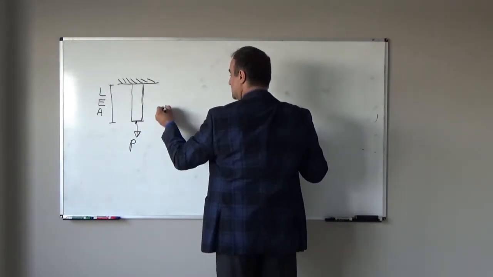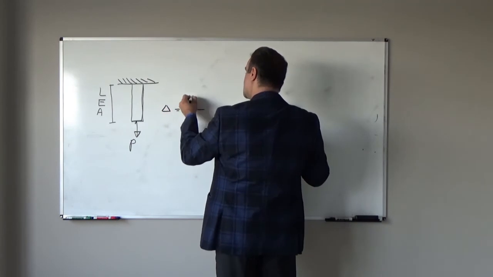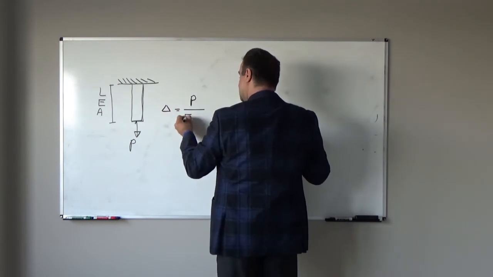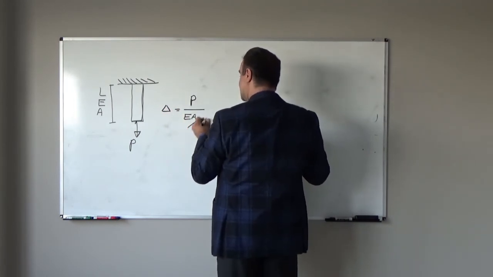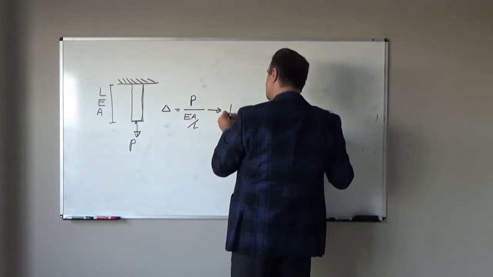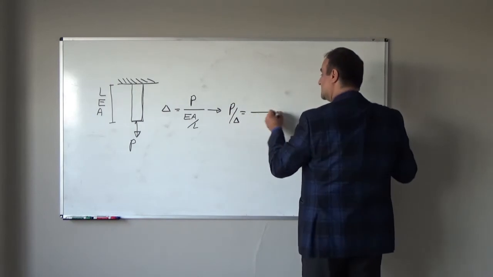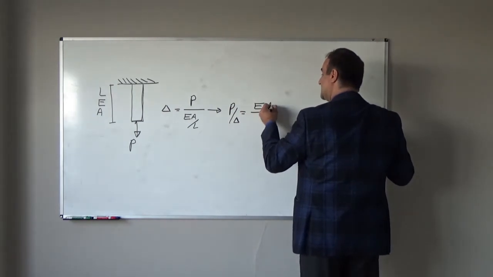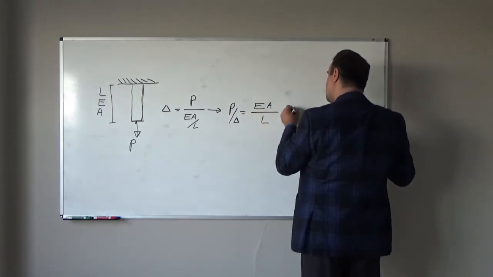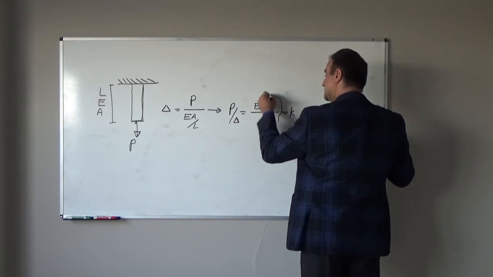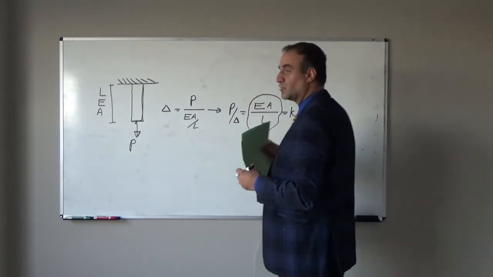Deformation will be equal to P times L over EA. From here, P over delta will be equal to EA over L.